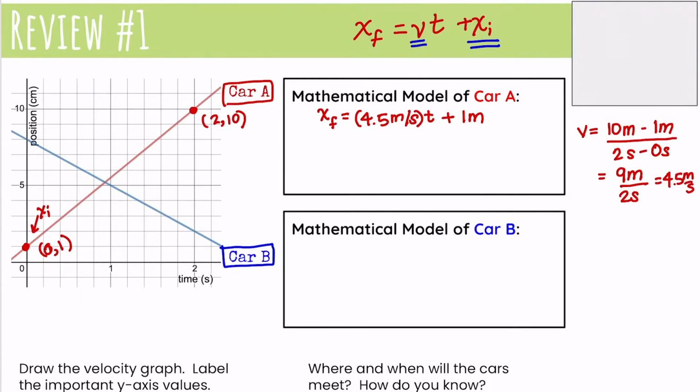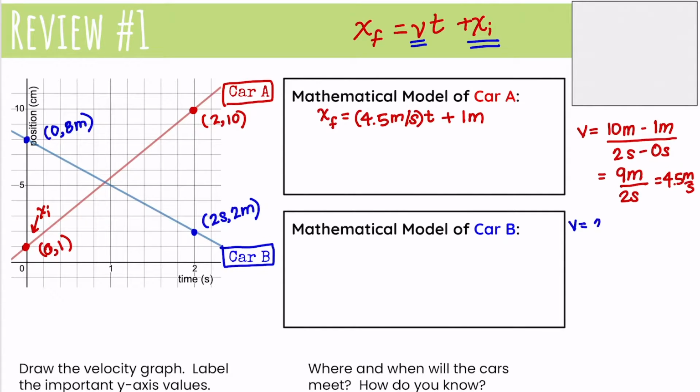Now car B is going to have 2 points that we're going to pick also for the velocity. And so we're going to pick right here, 2 seconds. 2 seconds is going to be 2 meters. And then over here at 0 seconds, it's going to be at 8 meters.